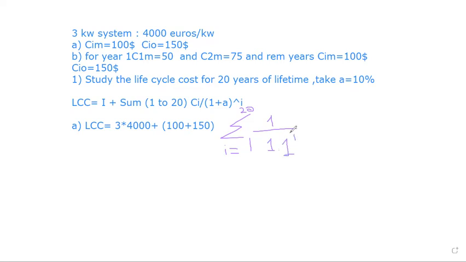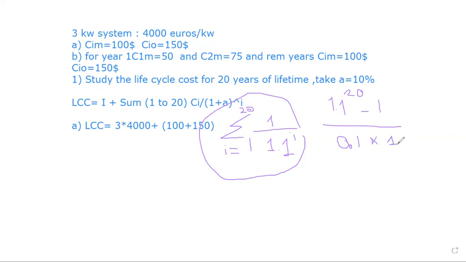You can replace this summation directly by (1 plus A) to the power n, so 1.1 to the power 20, minus 1, divided by A, the discount rate, 0.1, times (1 plus A) to the power n, so times 1.1 to the power 20.